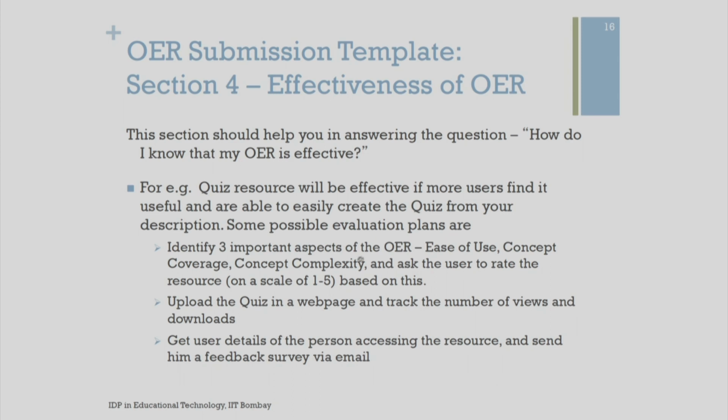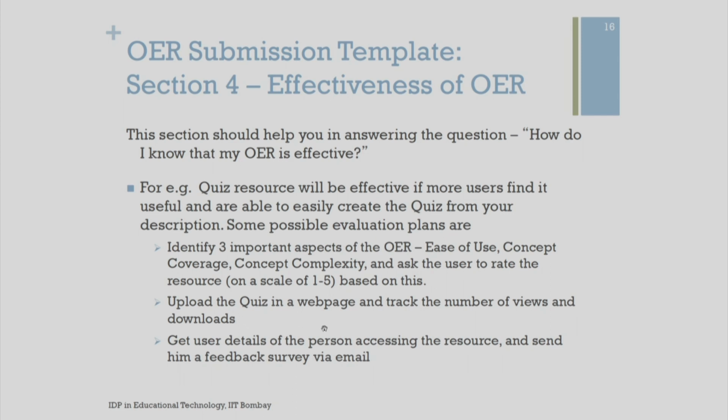Here are some possible evaluation plans. Identify 3 important aspects of the OER: ease of use, concept coverage, and concept complexity, and ask the user to rate the resource. So this is basically a feedback survey on these 3 aspects. Upload the quiz on a web page and track the number of views and downloads.